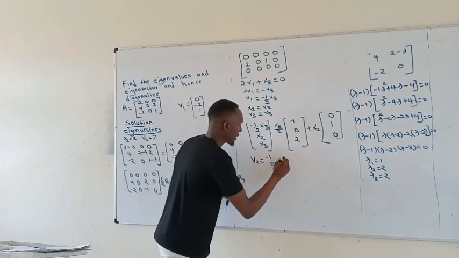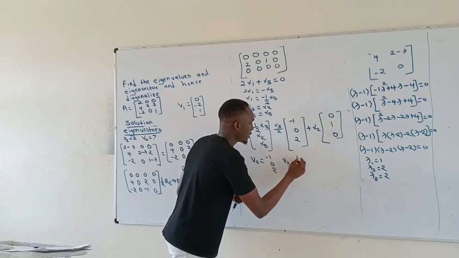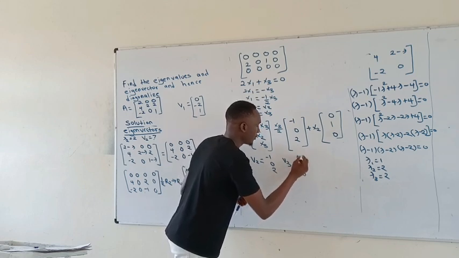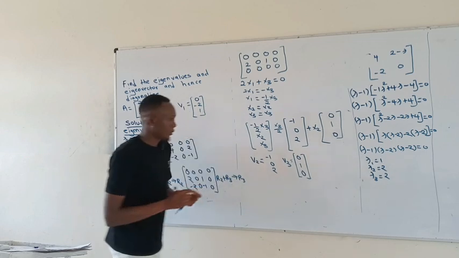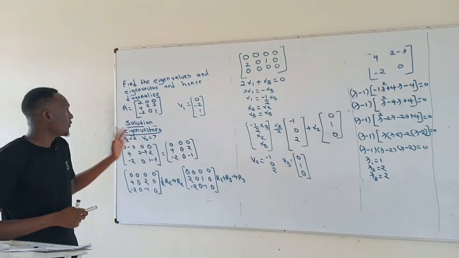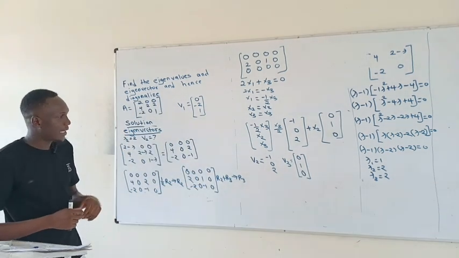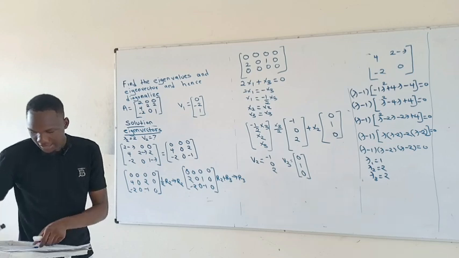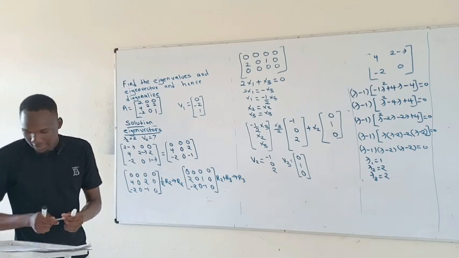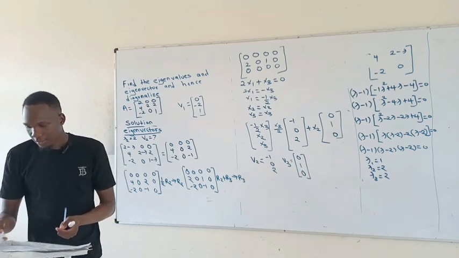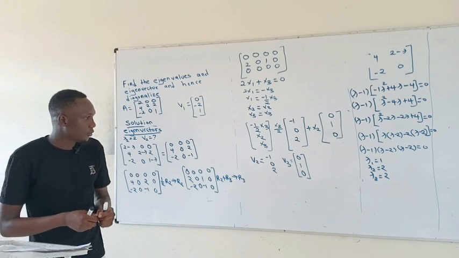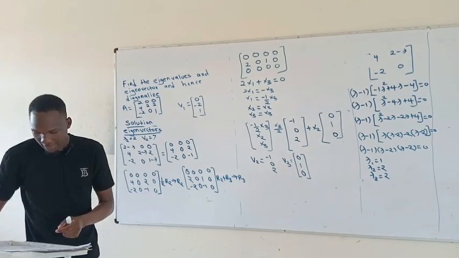Our eigenvector 3 is equal to 0, 1, 0. Now we have solved our eigenvalues. We now have our eigenvectors, that is eigenvector of lambda 1, eigenvector of lambda 2, and eigenvector of lambda 3.